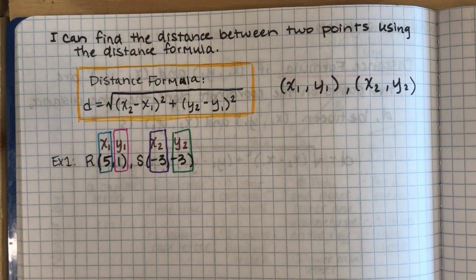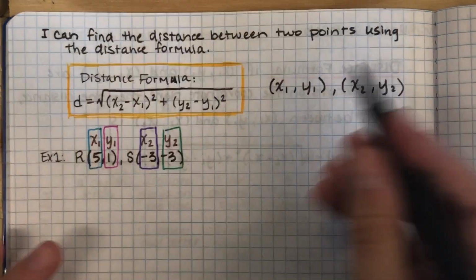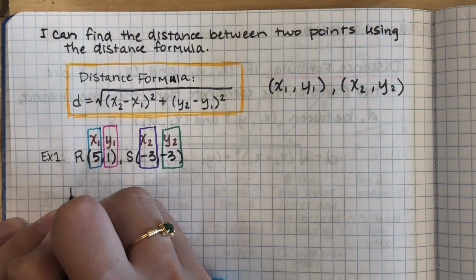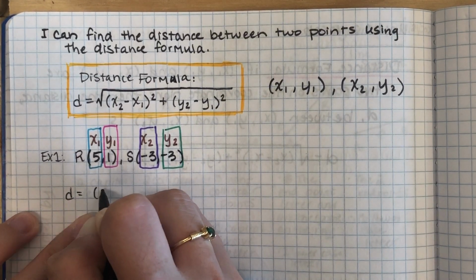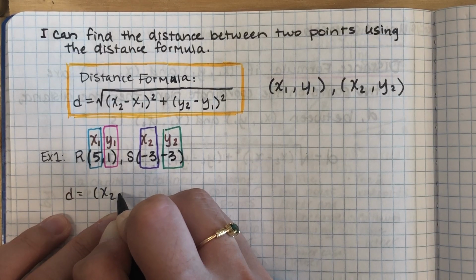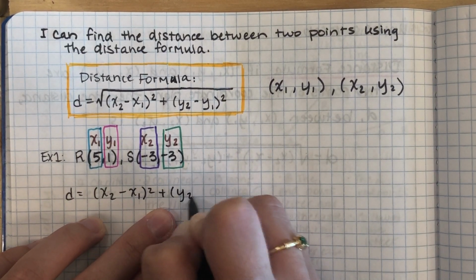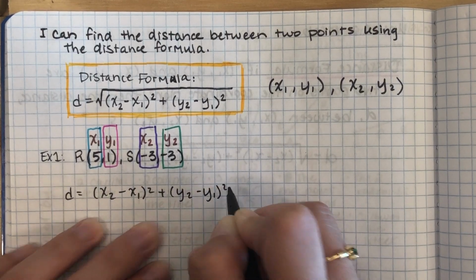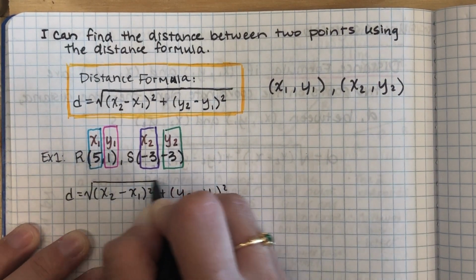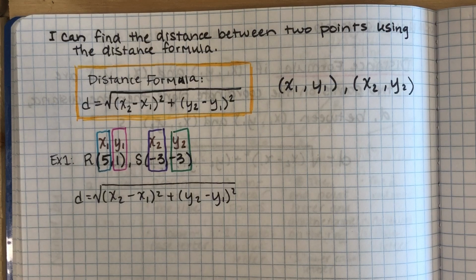All right, so I'm going to start off by writing my formula under here. X sub 2 minus x sub 1 squared plus y sub 2 minus y sub 1 squared. And I'm taking the square root of all of this.